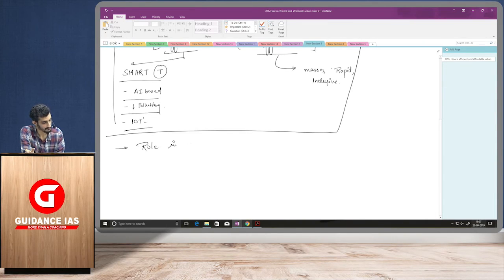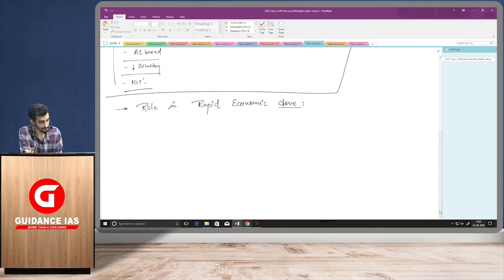role in rapid economic development. So how will it play an important role?